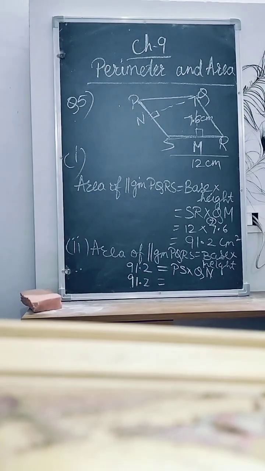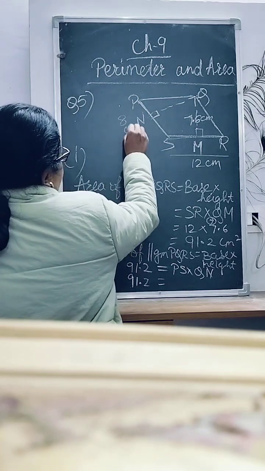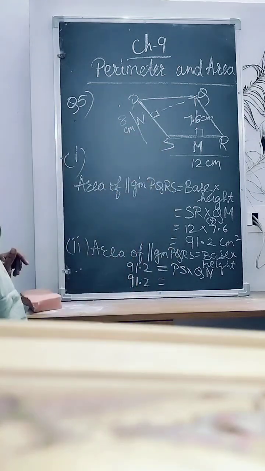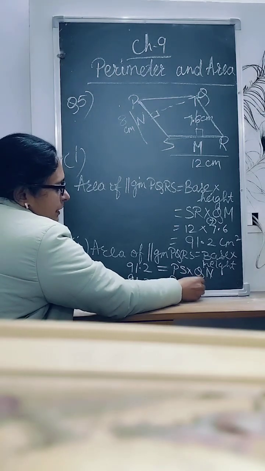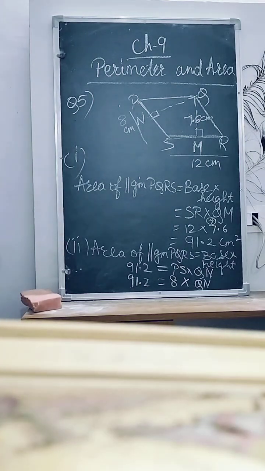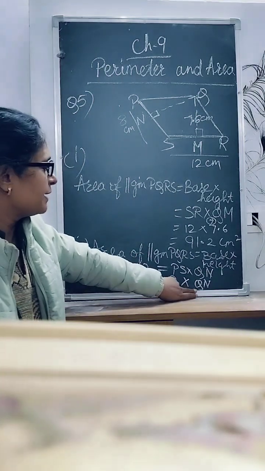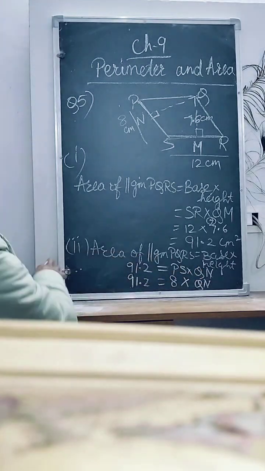Now PS is given to you, 8 centimeter. In the second part they have written PS 8 centimeter. 8 you have written, now into Q1. Now as I have told you, whatever you want to find, keep it alone. Now we want to find Q1, so we will keep it alone.